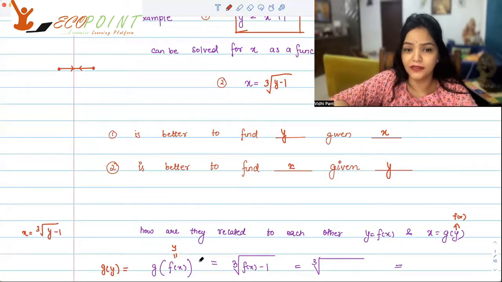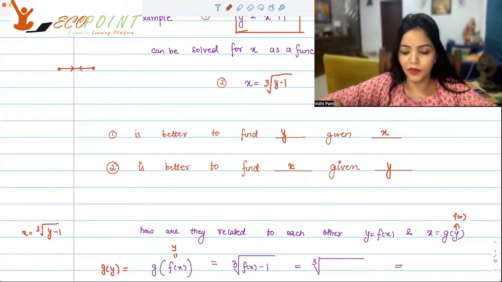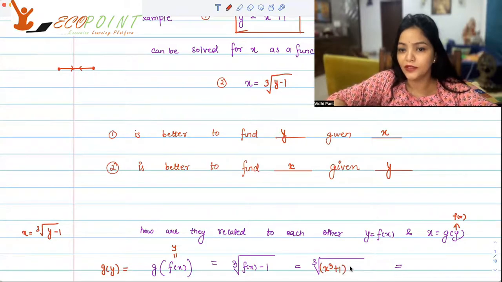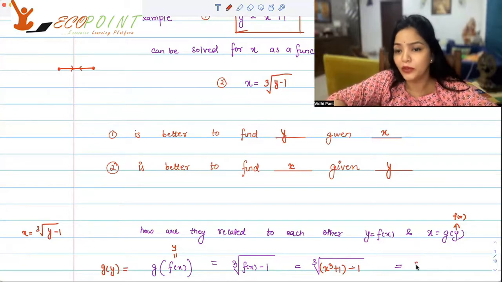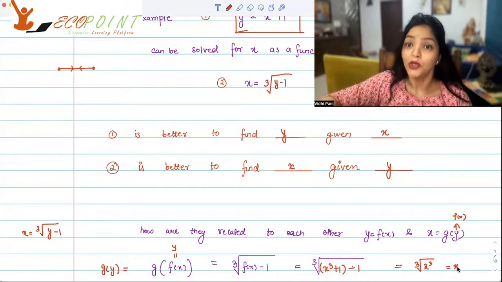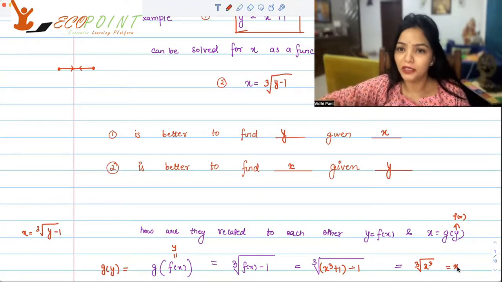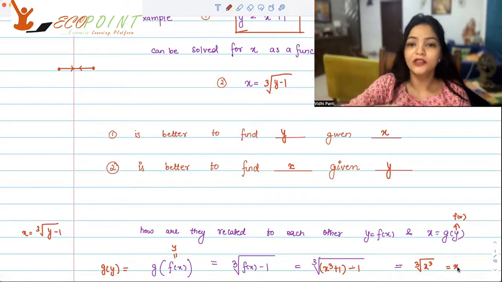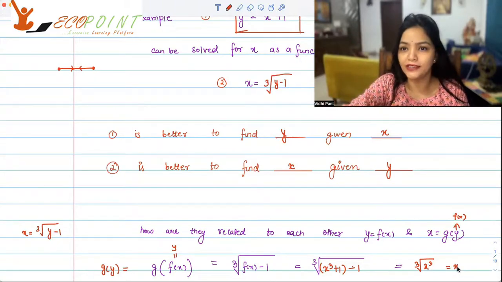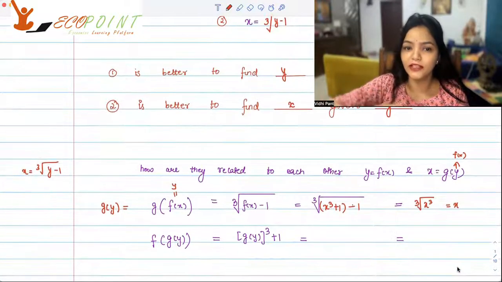Now y is f(x), so it is the cube root of f(x) minus 1. Now what is f(x)? f(x) is x cubed plus 1. So x cubed plus 1 minus 1. When you open it up, the 1 cancels, and you get the cube root of x cubed, which is x itself. So g(y) is actually turning out to be equal to x. That's how y equals f(x) and x equals g(y) are related to each other.